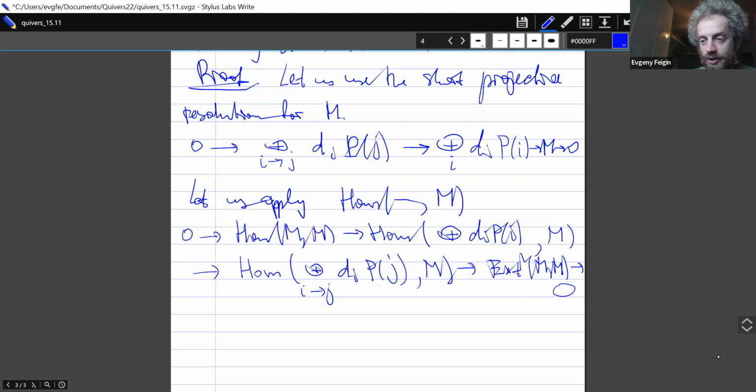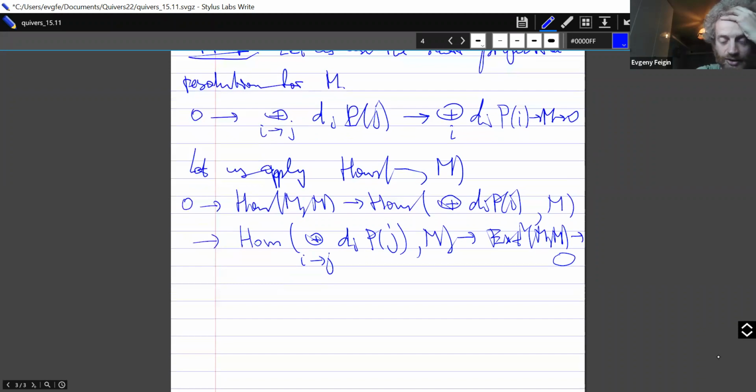This is 0 because the Ext from a projective module to anything is always 0. There is no way to non-trivially extend anything with a projective. So this is 0.